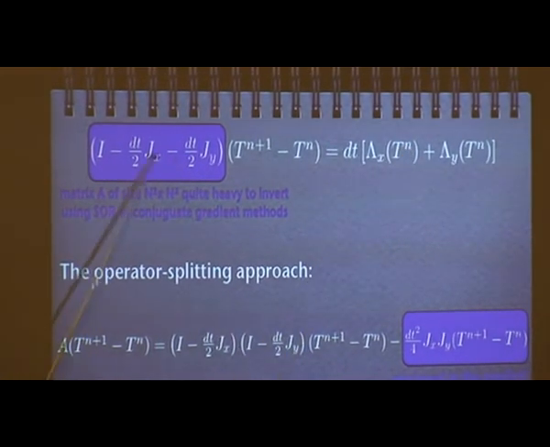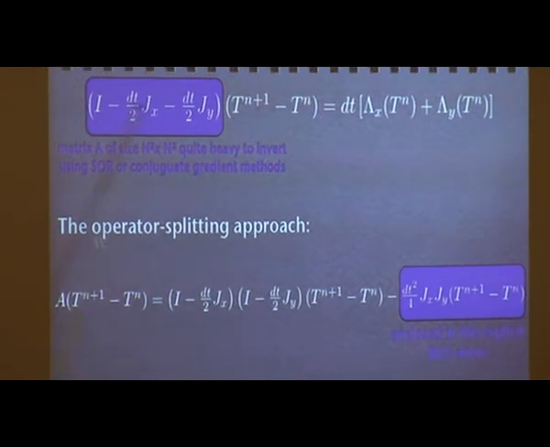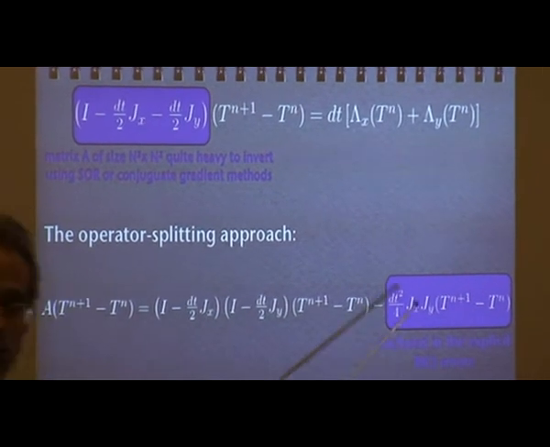Okay, so we have here a matrix that we should invert, and this matrix is of size n squared by n squared. So that's a very large matrix. We can invert this matrix using a relaxation method or a conjugate gradient method, but we find it more useful to apply an operator splitting approach. In this case, operator splitting means that we take this relation and we find that the operator A applied in this one can be factorized in this expression plus some truncation error.